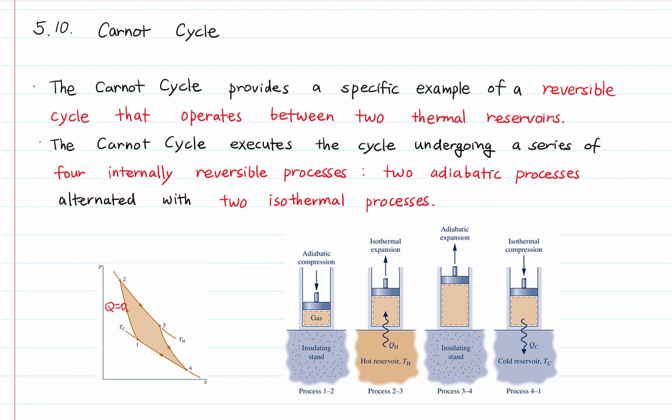The specific volume decreases from V1 to V2. The temperature increases from TC to TH.